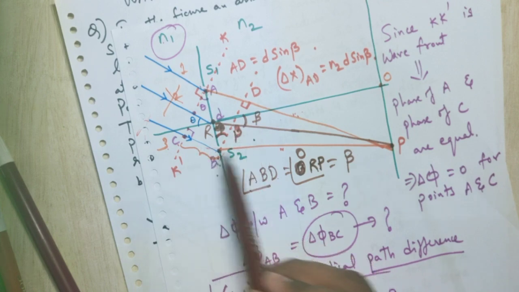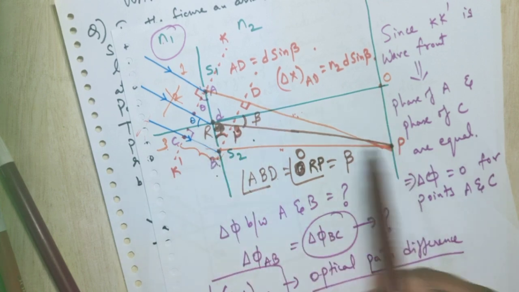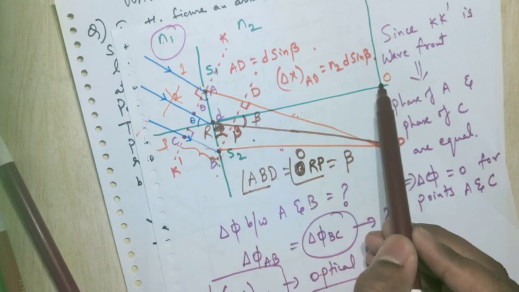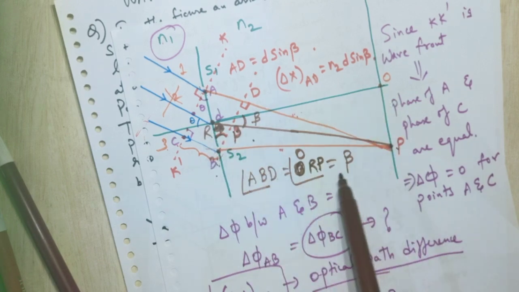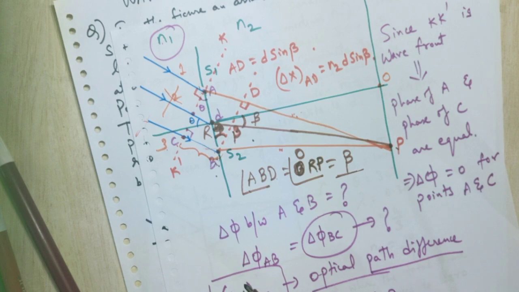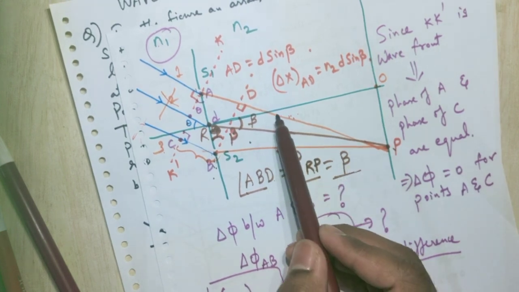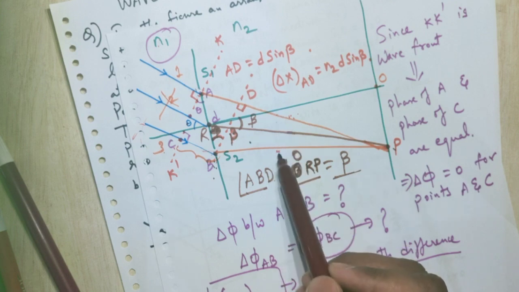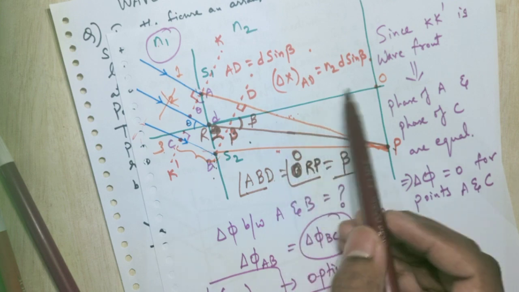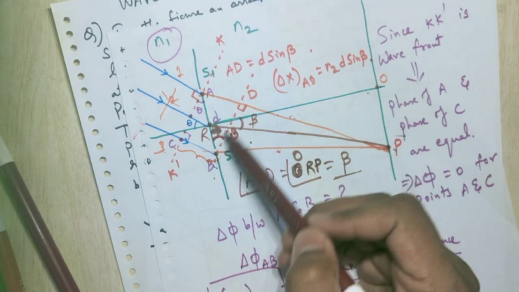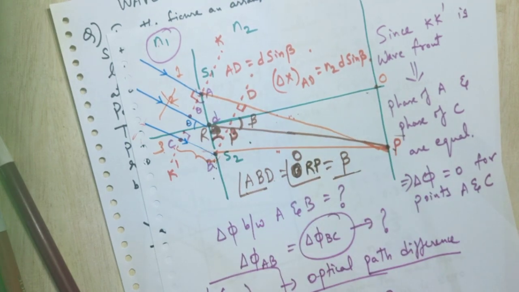So from simple trigonometry, we can prove that angle ORP is also equal to beta. That proof comes from the fact that these two rays are nearly parallel, and by using simple trigonometry, you can prove that this angle and this angle are equal.